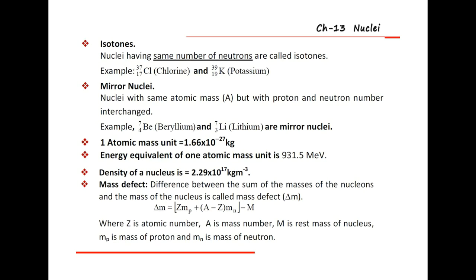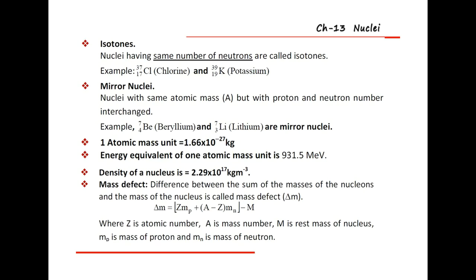And the mass defect. What is meant by the mass defect? The mass defect is the difference between the sum of the masses of the nucleons and the mass of the nucleus.